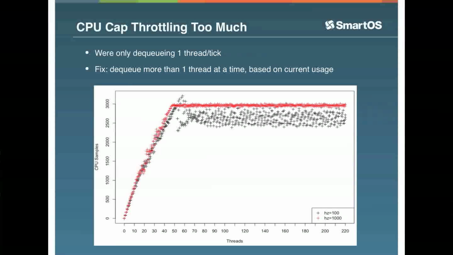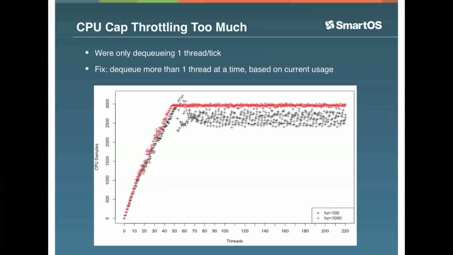What Brendan did was show that when we turned the clock up from 100 hertz to 1,000, we could actually run a lot better. Once we debugged this down, we realized that what was happening is that CPU caps, when you were at your cap, was only dequeuing one thread each tick. And so we weren't able to get enough work to really keep up to our cap.